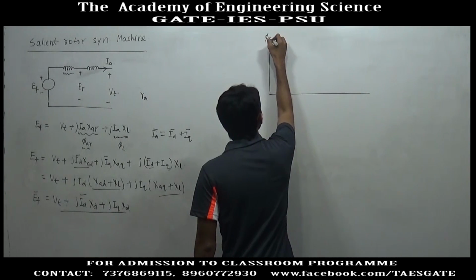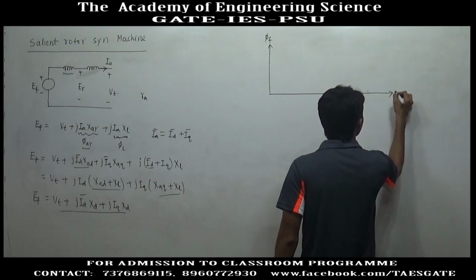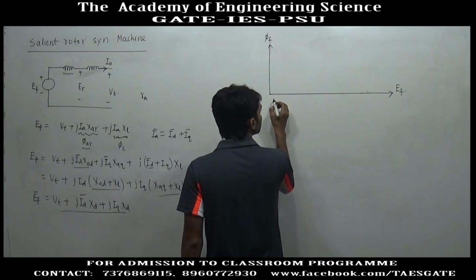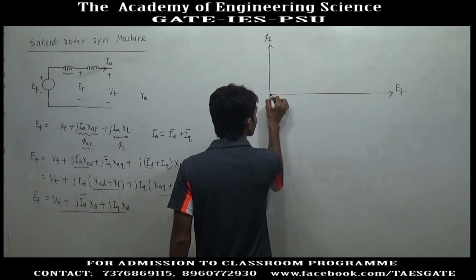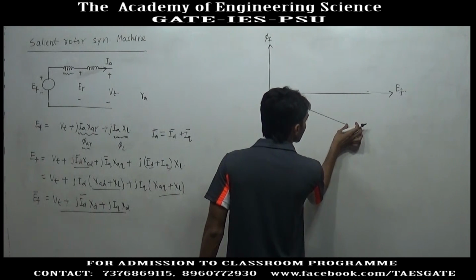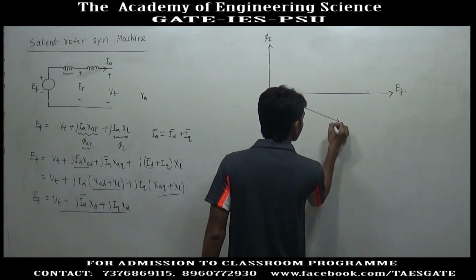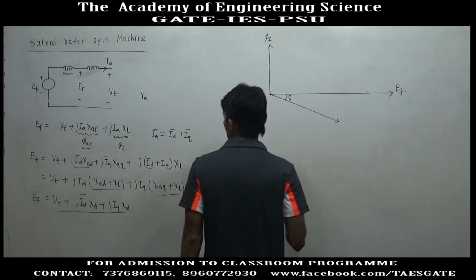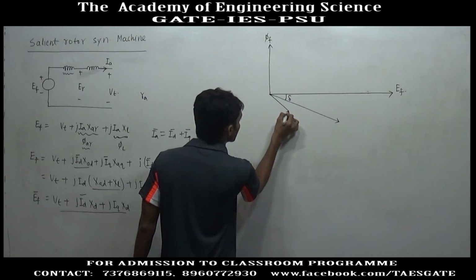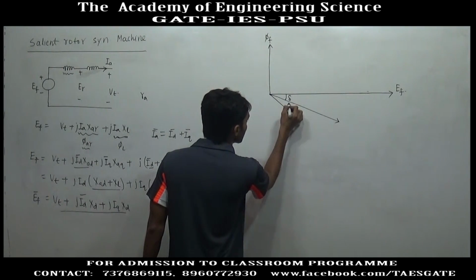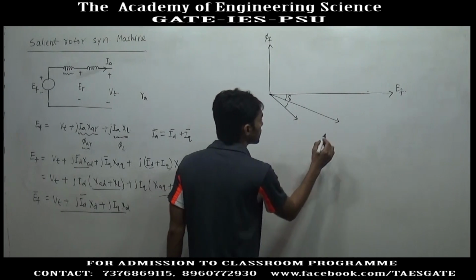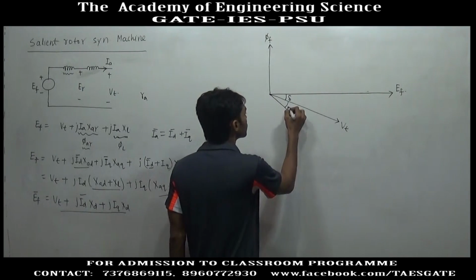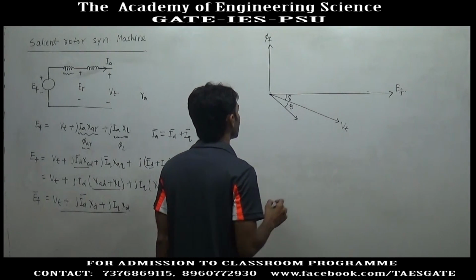Let us say this is the field flux and this is IF, EF, and at some angle we have Vt here. This will be called the torque angle, and let us say the armature current is lagging. By what angle the armature current lags the terminal voltage depends upon the nature of the load. This is angle theta.